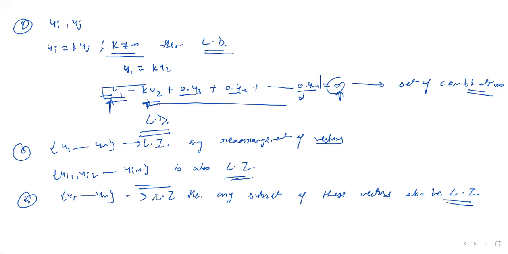And similarly, if the set of vectors is linearly dependent, then any subset of these vectors will also be linearly dependent. Got it? There is another result, you can write it down. These are some important results which will be used in solving questions.